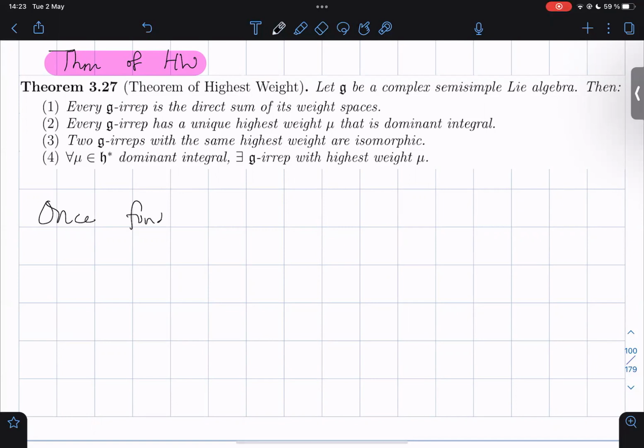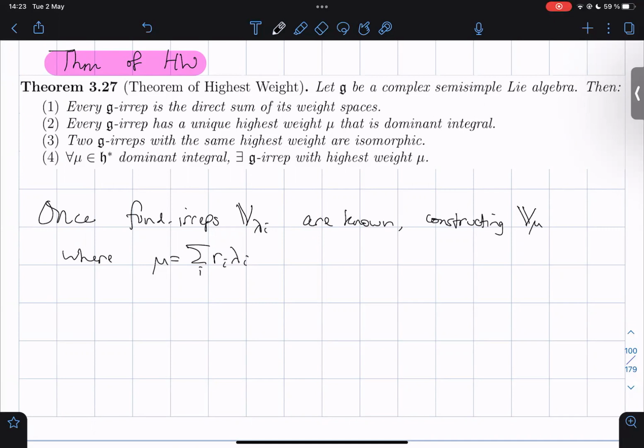Once the fundamental irreps, V lambda i, are known, constructing V mu, where mu is a linear combination of those lambda i's, is done as before.